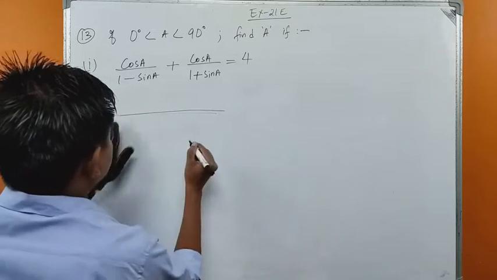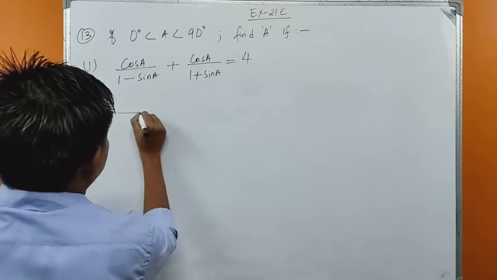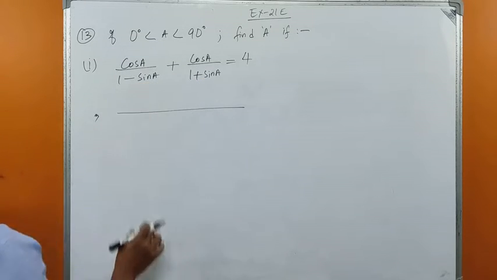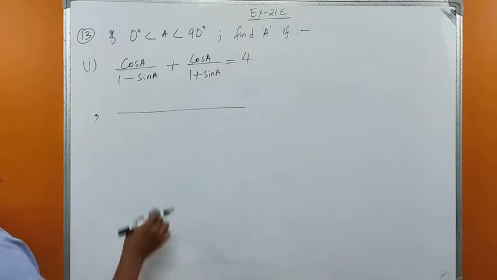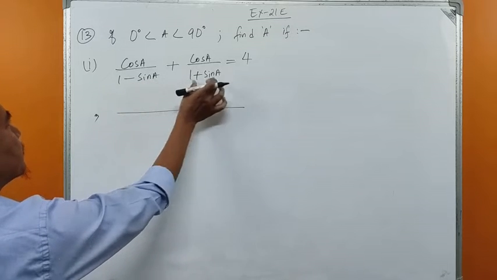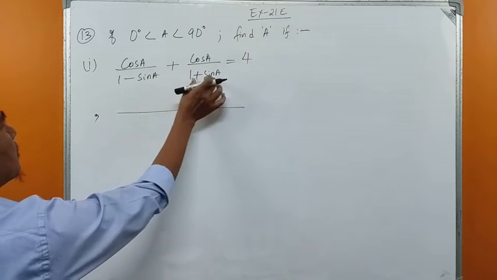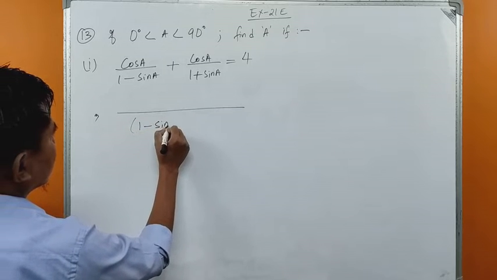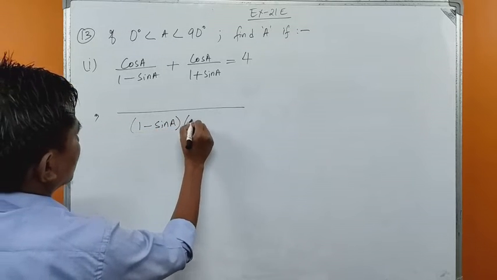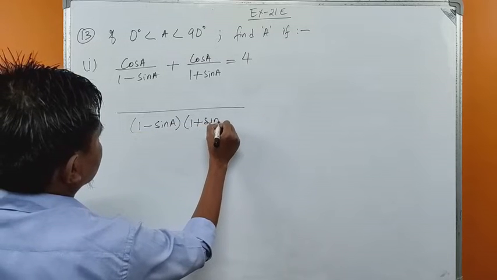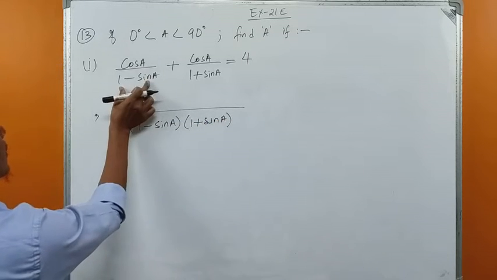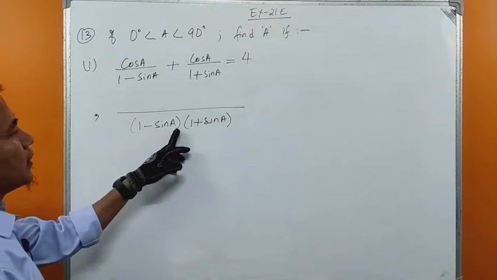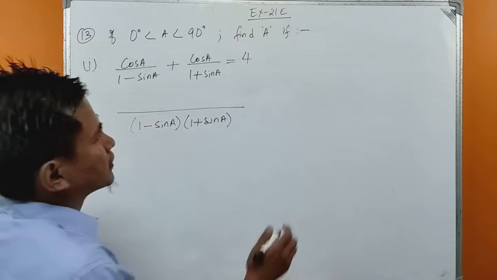When we take the LCM of the denominators, what we usually do is we multiply these two numbers, because these two are totally different, isn't it? There is no common multiplication table in between them. So we multiply these two numbers, we get 1 minus sin A into 1 plus sin A. So this is A minus B into A plus B, isn't it?